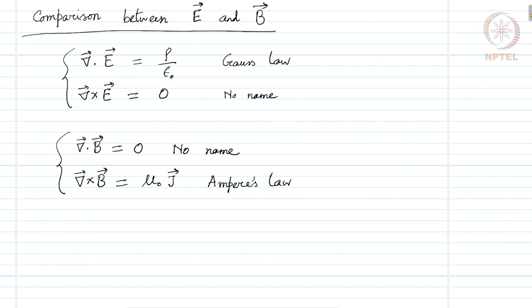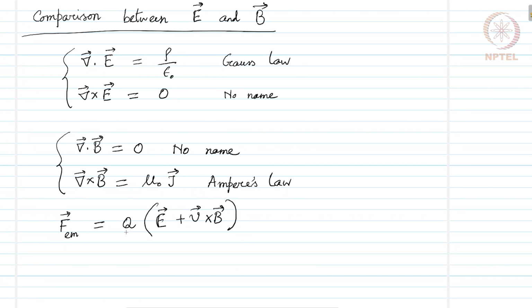And the electromagnetic force that we have found out is Q times E plus V cross B. This is what we have learned about the electromagnetic force on a charge.